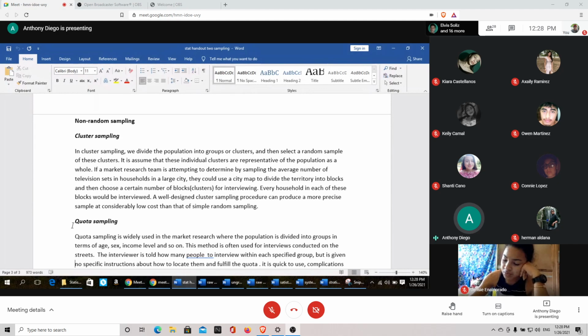The complication is kept to a minimum, because in quota sampling, you could usually change the respondents, so it's a bit biased. Remember, you are working with a quota, you're just looking for a number of what you need to do, whether you need to interview 10 individuals, or you need to find 20 houses that have children that are 3 years old.